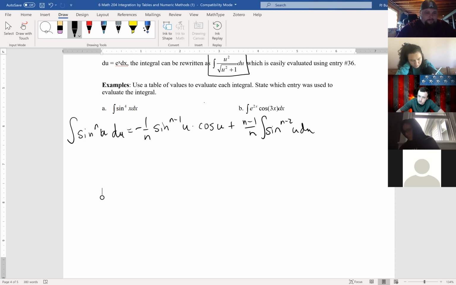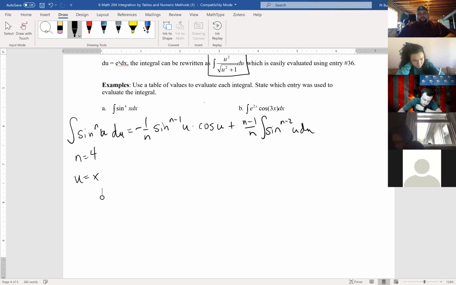For my problem, n equals 4, u equals x. So I just need to plug them in. So 4 minus 1, that's going to be cubed.